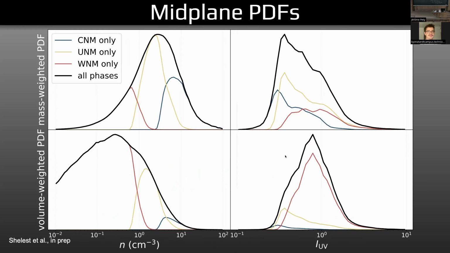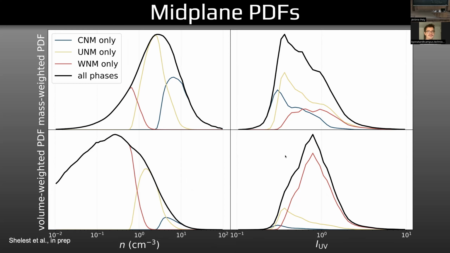We decided to draw PDFs of the slab that we take with a width of about 60 parsec around the midplane. And okay, here I show you the probability distribution function of gas density and UV by phases. The black line shows all phases together, the PDF of all phases, while the red line contributes to WNM.